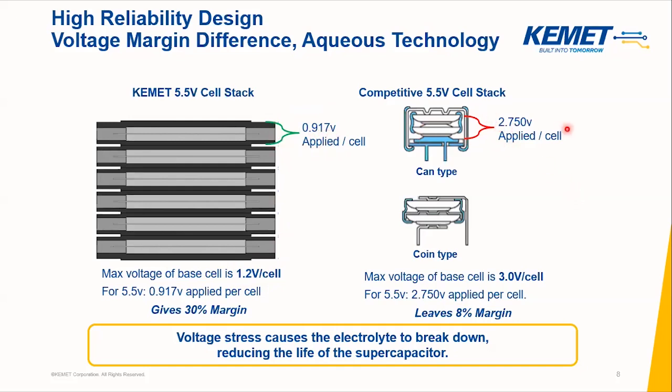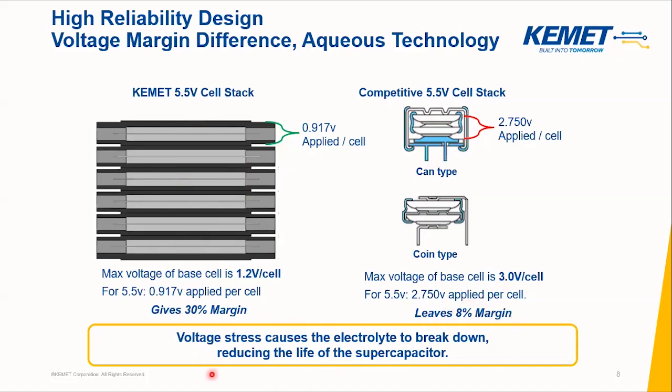In the competitive one, they use just 2 cells, so they have 2.75 volts per cell, and the maximum voltage of the cell is 3 volts. What makes the difference is that in our design we give a much higher voltage margin: in this design it is a 30% margin, while the competitive part leaves only 8% margin.